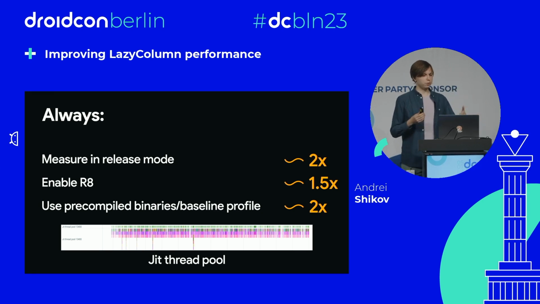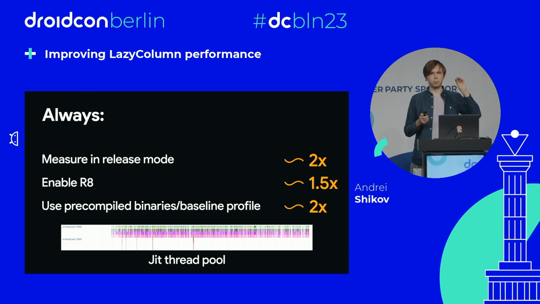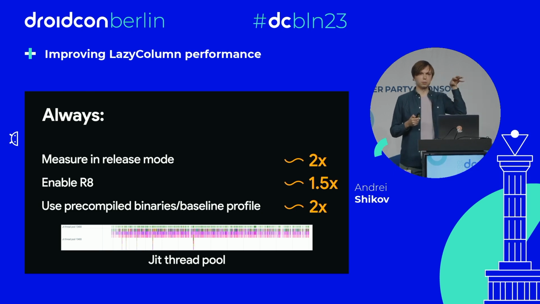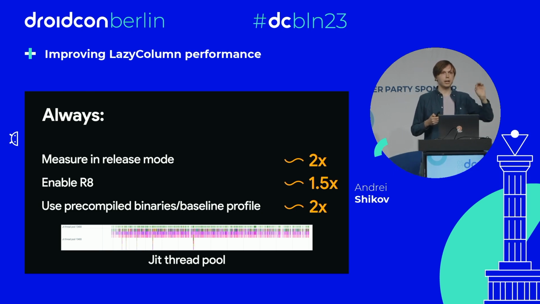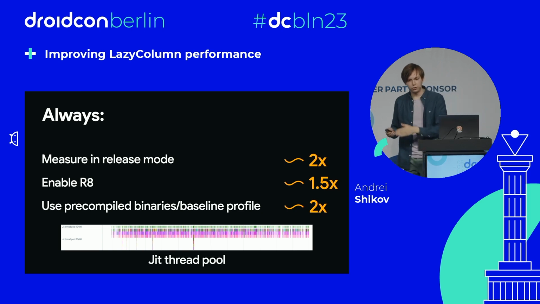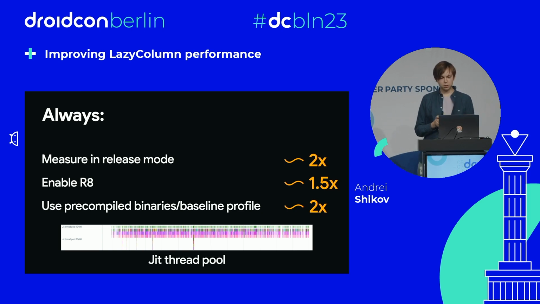We compile a bit of the bytecode, we figure out what the optimized machine code is for that, and then we stop the world, we replace it with the new thing, and we continue. So this is obviously pretty slow, a 2x slowdown in my experience in benchmarks. You want to avoid all of that, so make sure you follow these guidelines if you measure performance, or if you try to figure out what's wrong with your app.